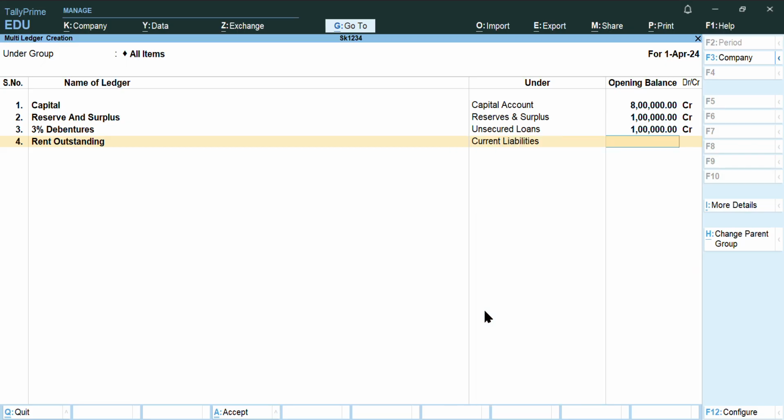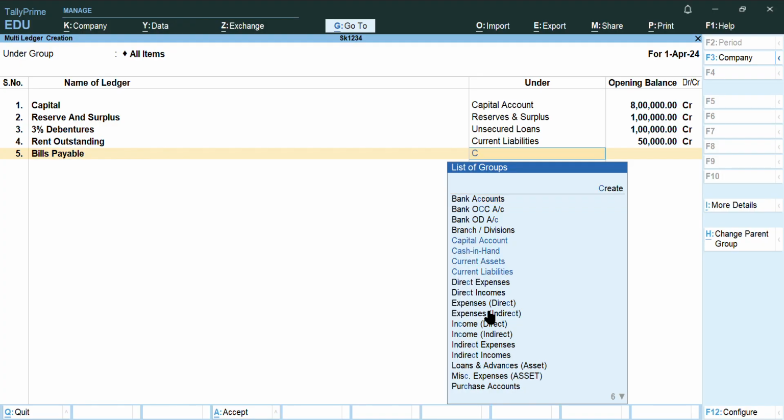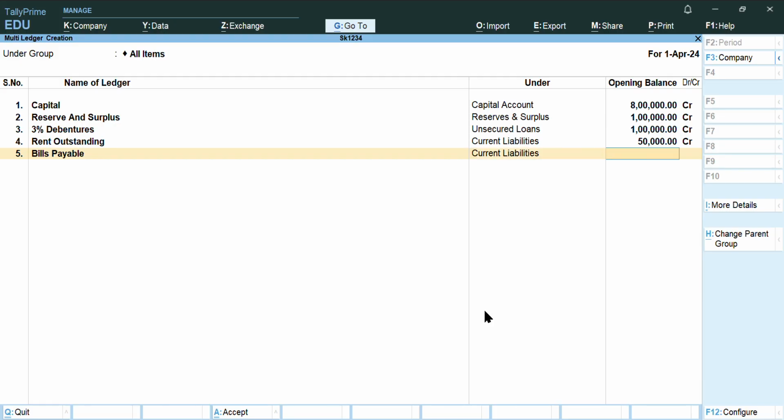The amount was 50,000. Okay, next was bills payable. Now its category is also current liabilities. So the amount is again 50,000.